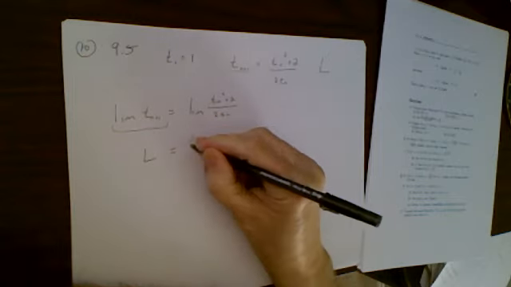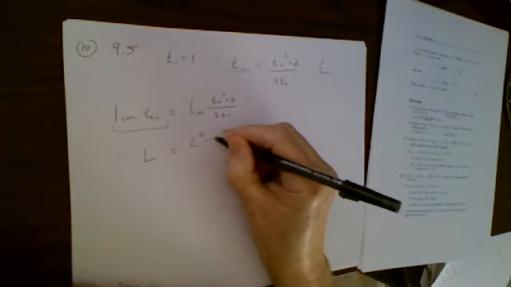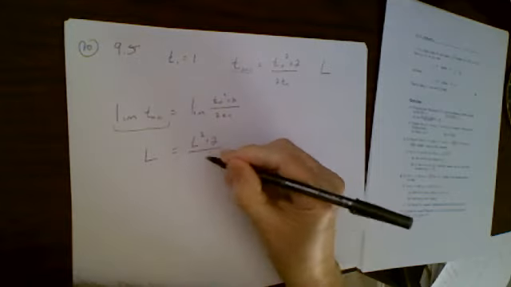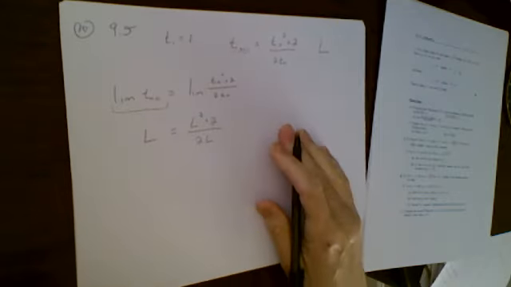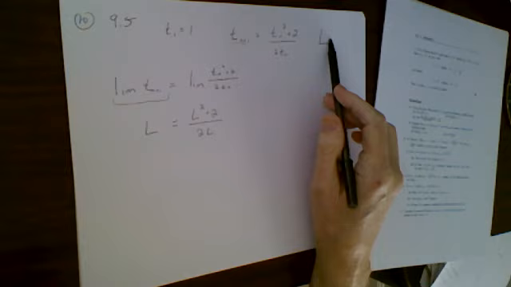The top will converge to L squared plus 2. The bottom will converge to 2L. So if L is the limit, L has to satisfy this equation.